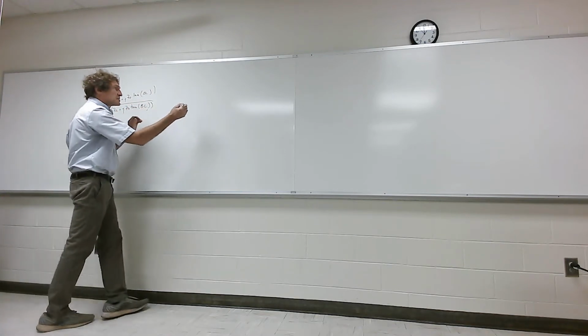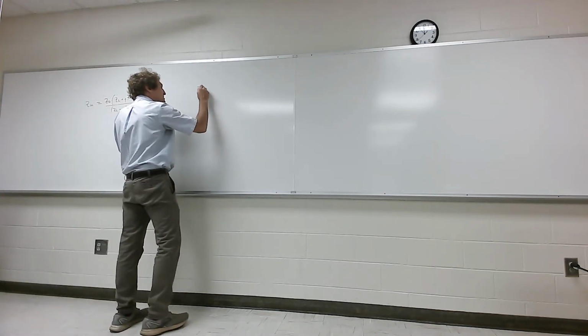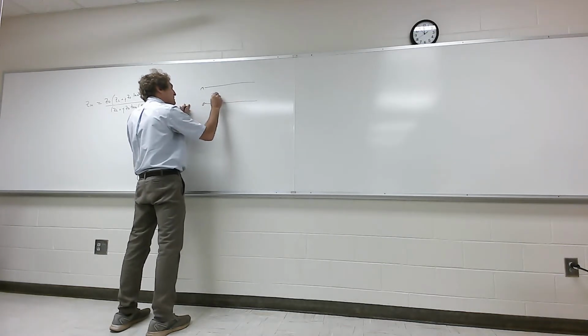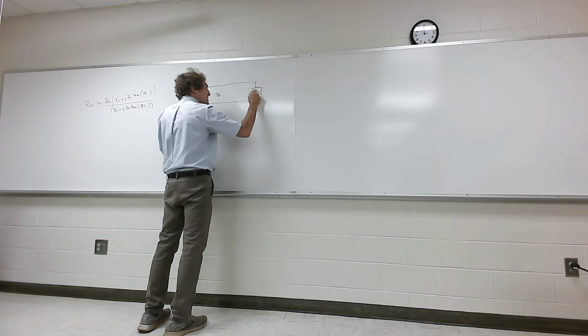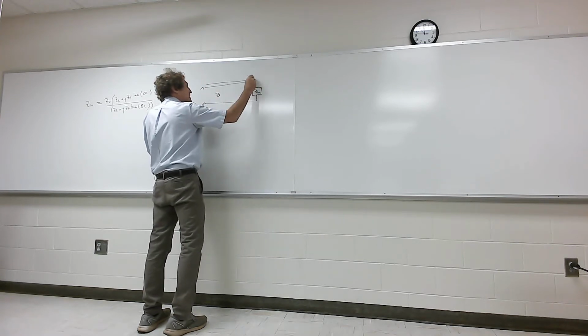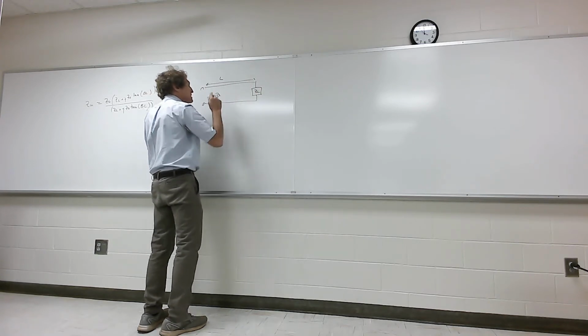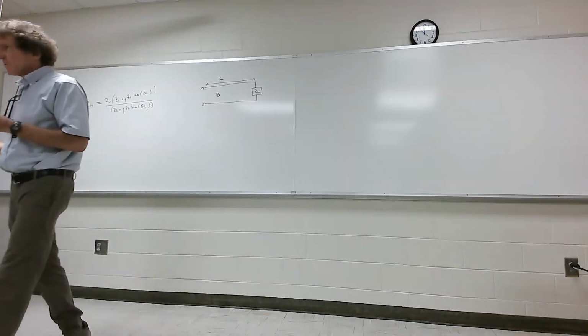And that is the input impedance of a transmission line or a waveguide with a characteristic impedance Z0 and a load ZL and a length L. So we've talked about this. This is well known.